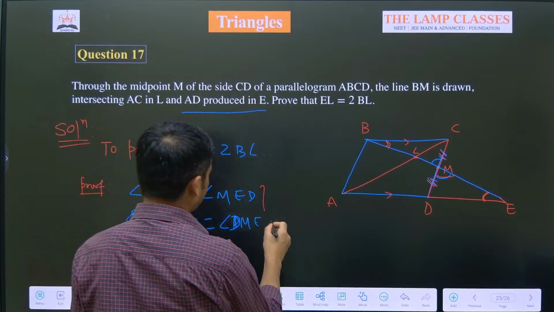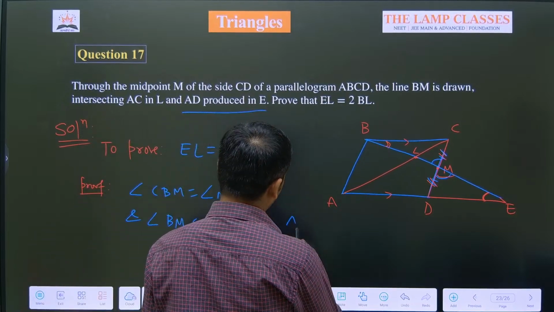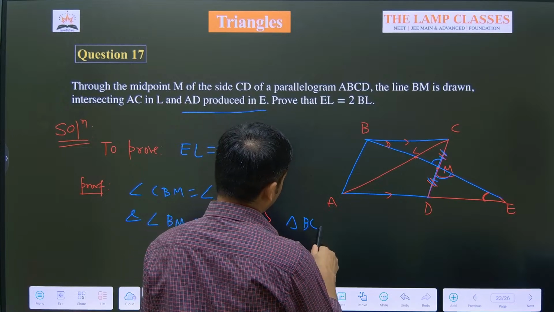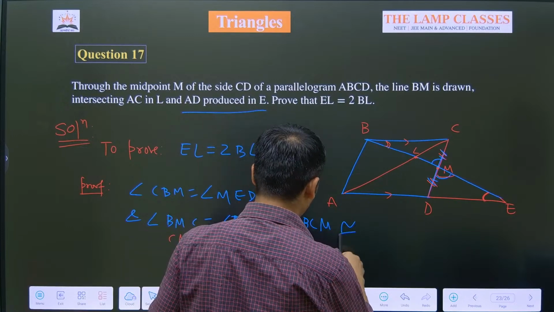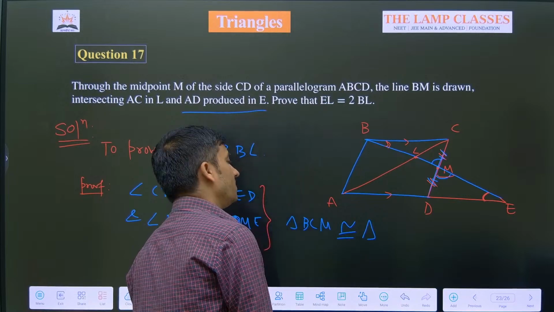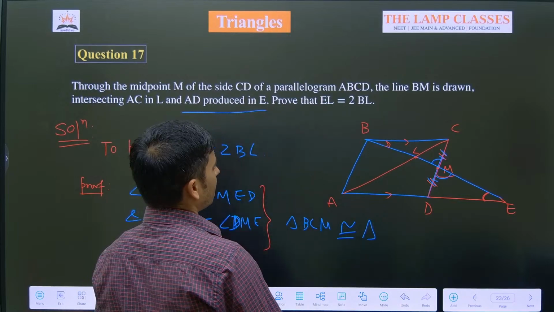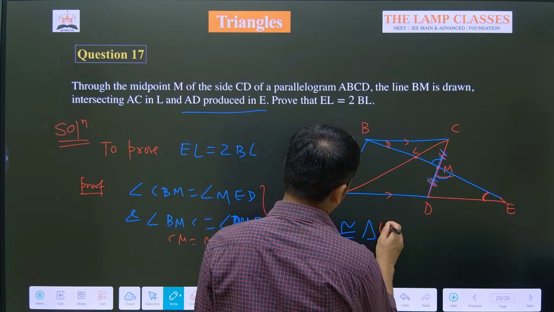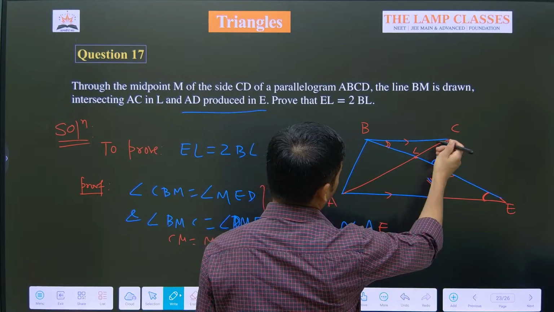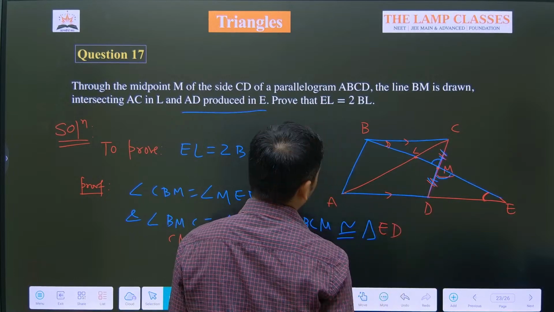So, by using these three pieces of information we can say triangle BCM is congruent to triangle EDM, right? B corresponds to E, C has to be D, and then M.